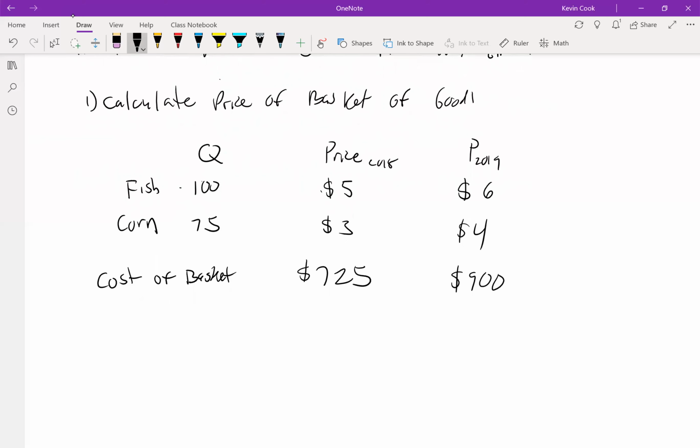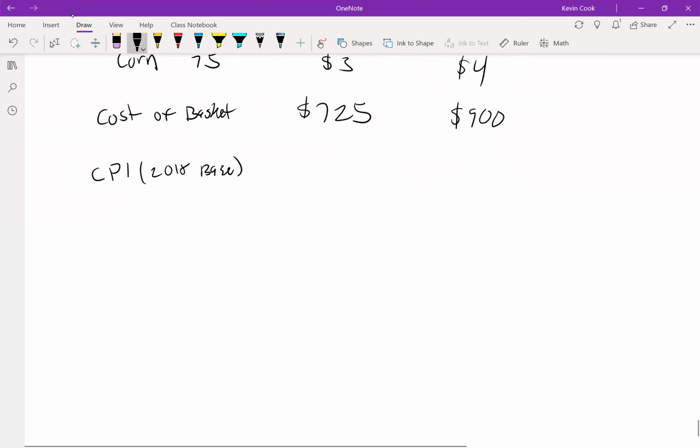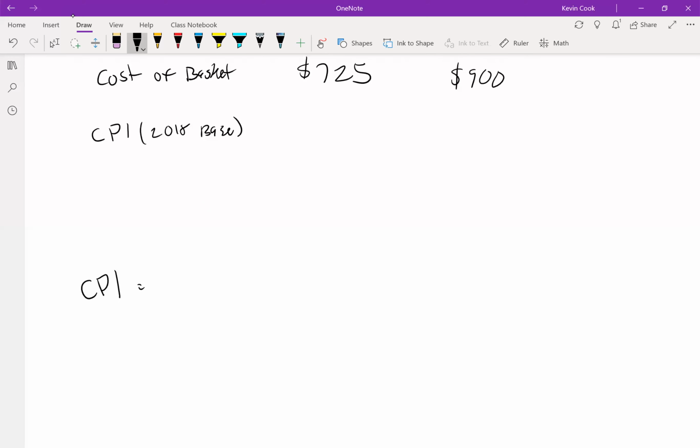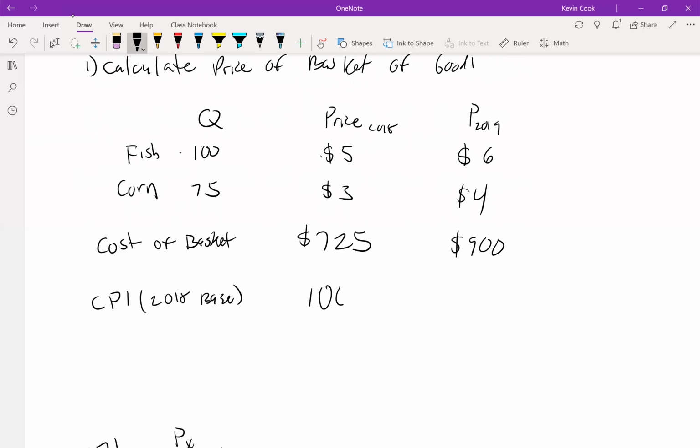Then we wanted to find our CPI. To find our CPI, we're going to say that 2018 is the base year. So our CPI is equal to the price in any year divided by the price in 2018, times 100. In 2018, 725 over 725 is 1, times 100 is 100.